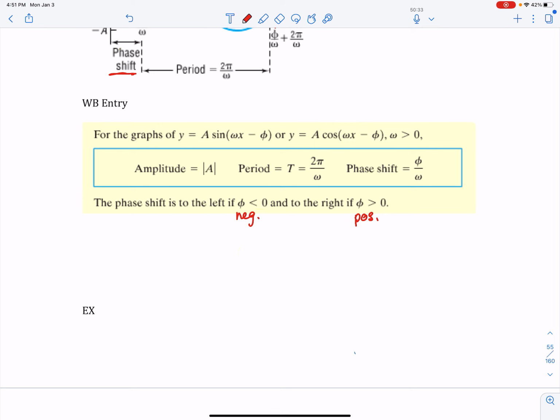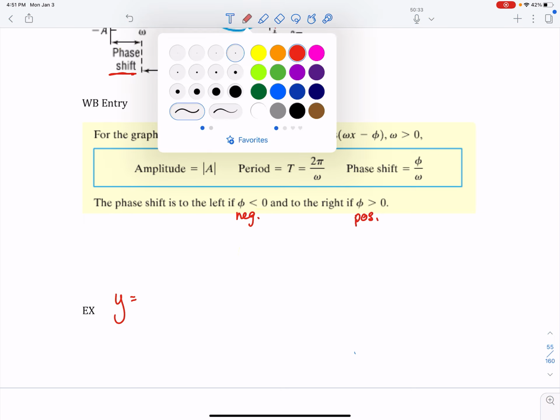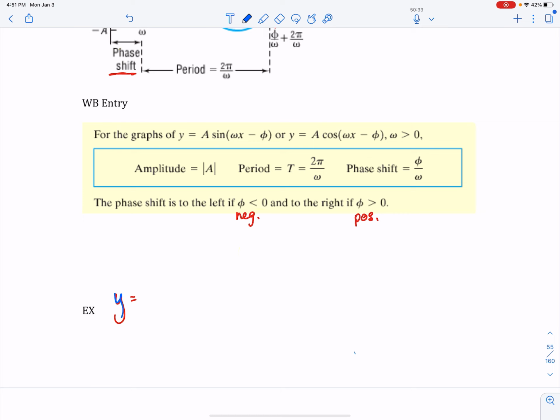Okay? So just really quickly, if I had this equation, y equals 3 sine of 4x minus 3, and I had to find the phase shift, I would use the formula phi over omega.